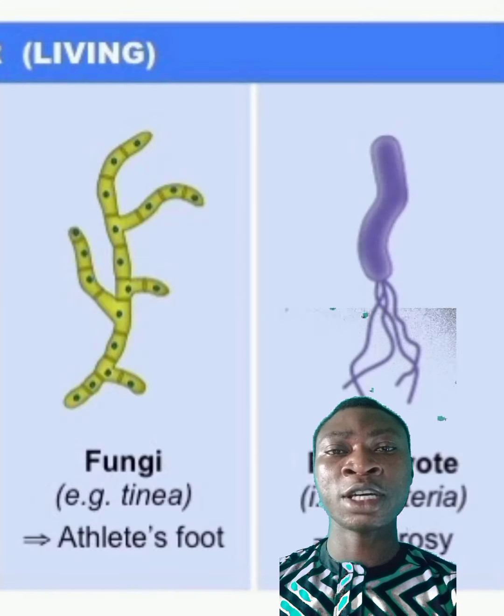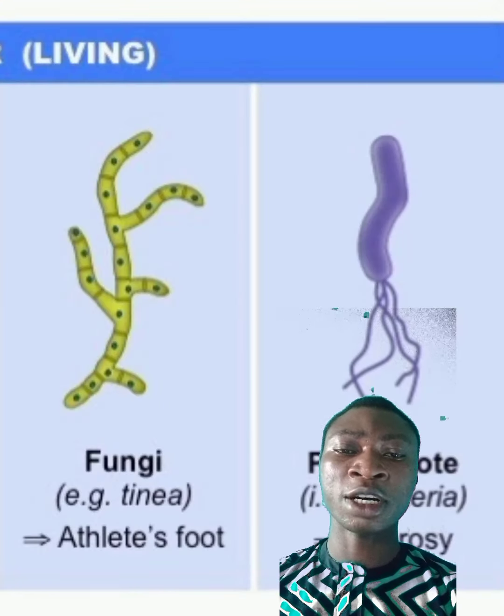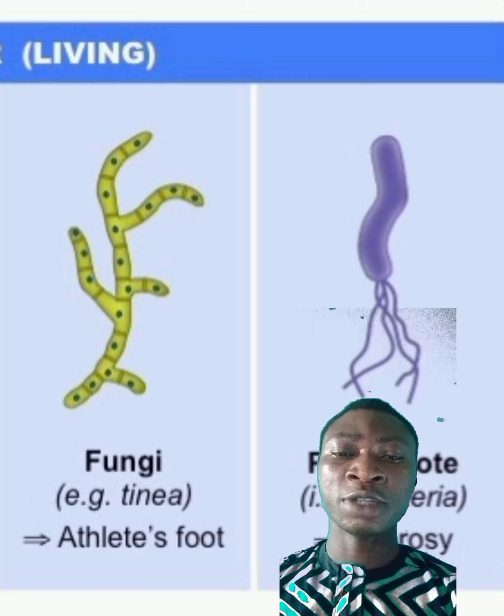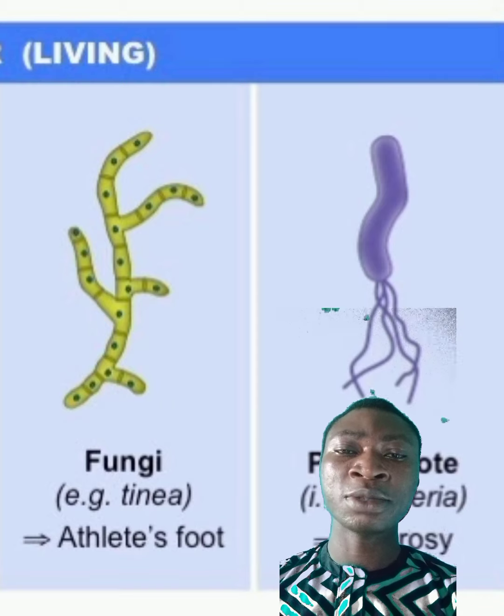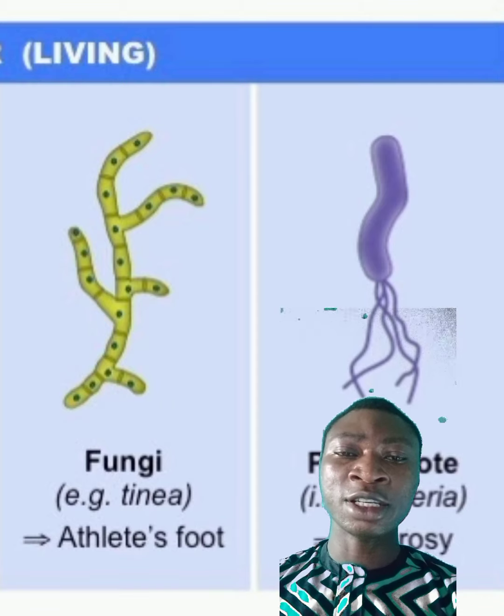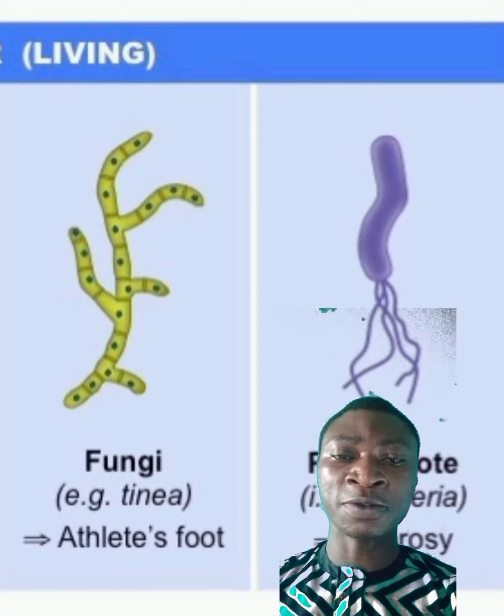So this infectious agent, we can see them in two ways. We have the pathogens and we have the vectors. The pathogens are those organisms that transmit diseases to the flock. They are not the disease itself, but they transmit diseases. Examples are the bacteria, the fungi, the virus, and protozoa.